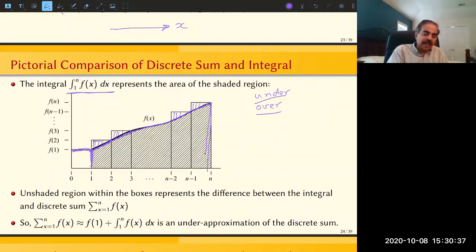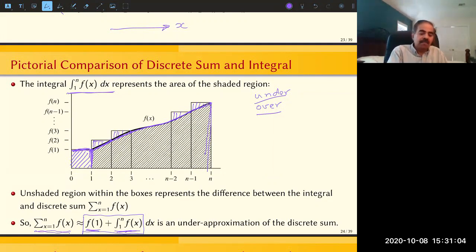So what we can say is that the discrete sum here, represented by this summation, will be the first term, which we can just add back, plus the area, right? So now we are including this area as well. And so this expression represents the shaded area, right?